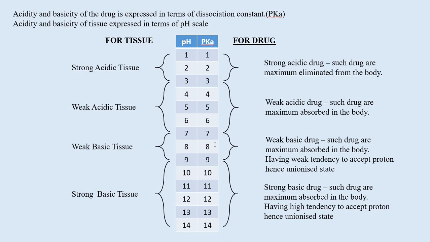Then third one, weak basic drug. The drug having a pKa value between 7 to 9 is known as a weak basic drug. These are also drugs which are maximally absorbed in the body because they have a weak tendency to accept protons, hence in the unionized form these drugs don't easily dissociate into their respective ions.